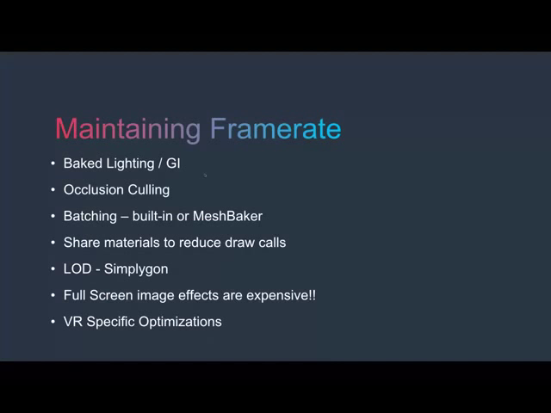I would also say, consider using LODs to reduce your scene complexity. Simplygon is a great plugin, or not just a plugin for Unity, but a separate standalone product that can help you generate those levels of detail for your objects.